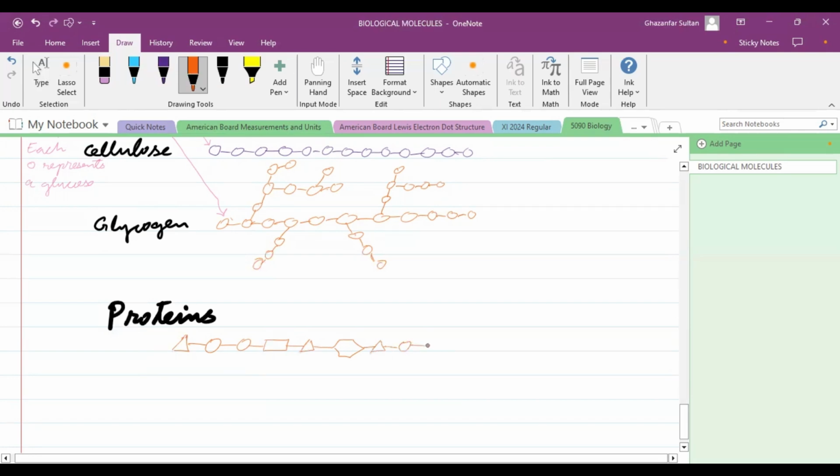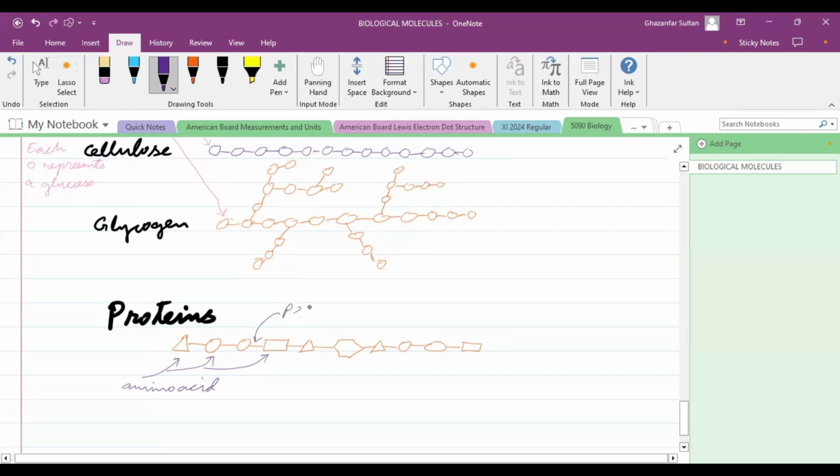So different types of amino acids are there, and there are certain bonds in between these amino acids. The bond between these amino acids is called a peptide bond.